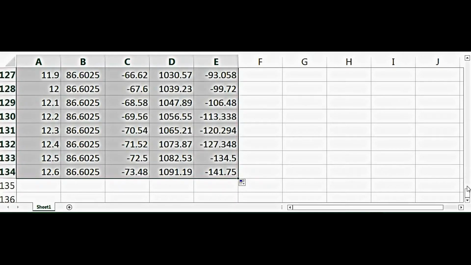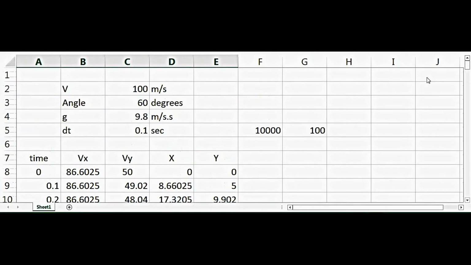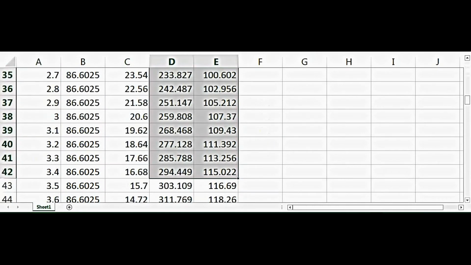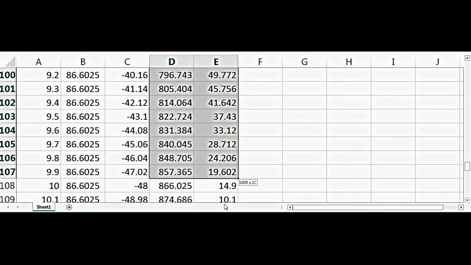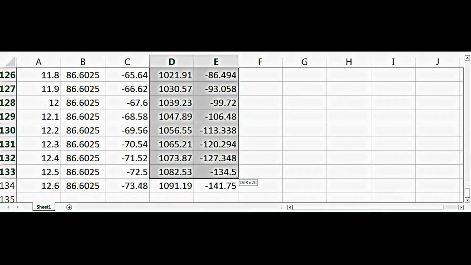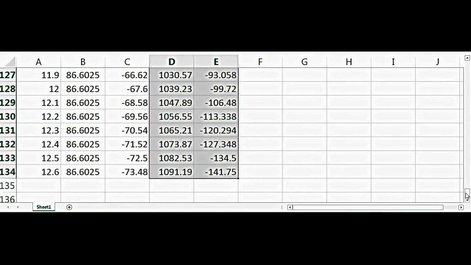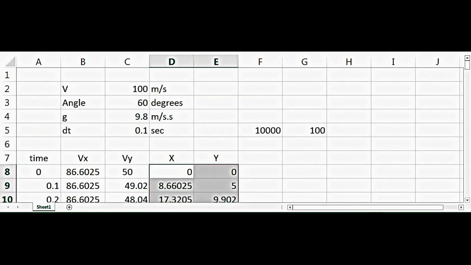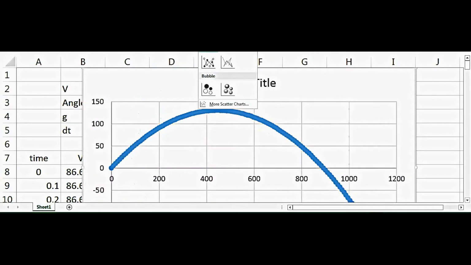And now I can plot x versus y to look at the trajectory of the ball. So if I plot this line, x versus y, this is the trajectory of the ball.